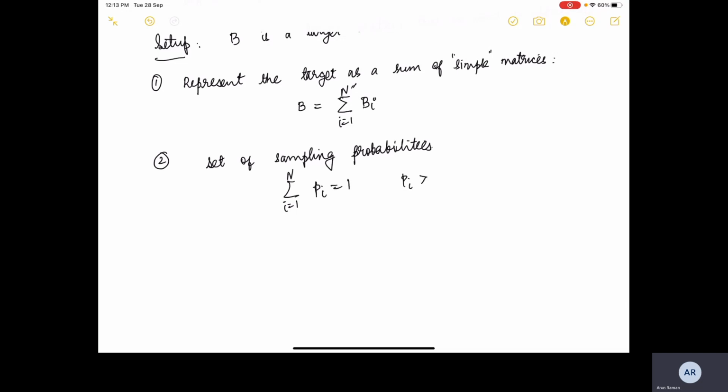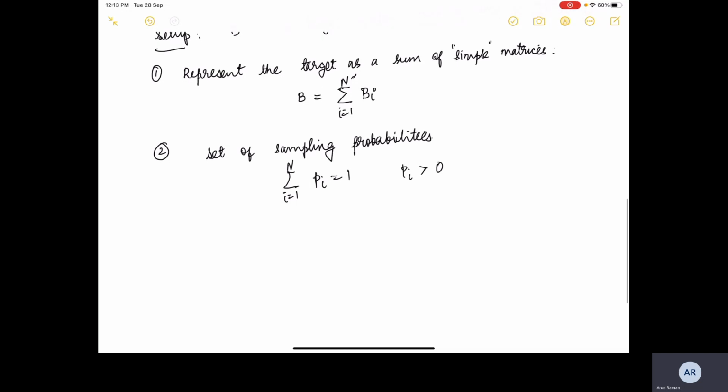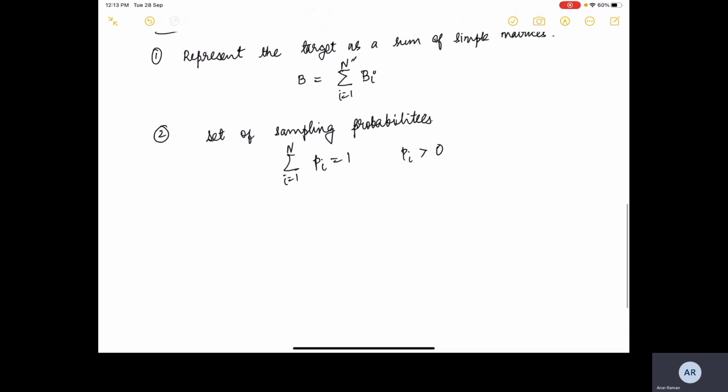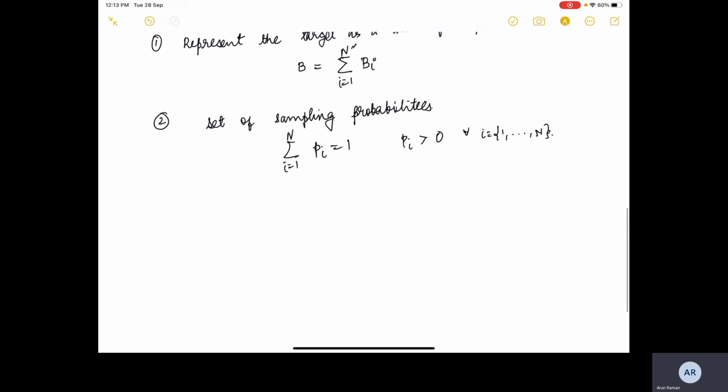The other thing that we need is that pi should be greater than 0, a non-zero probability of sampling each component, for all i equal to 1 to n.